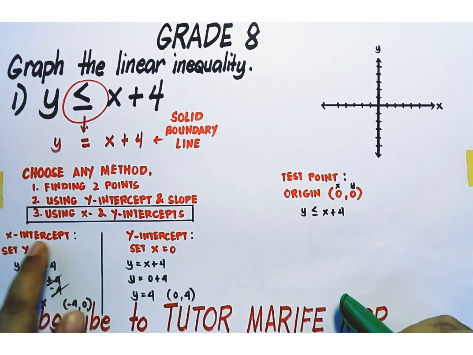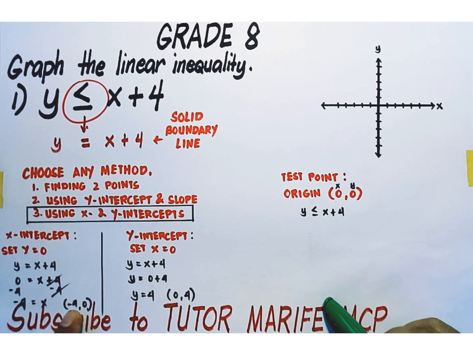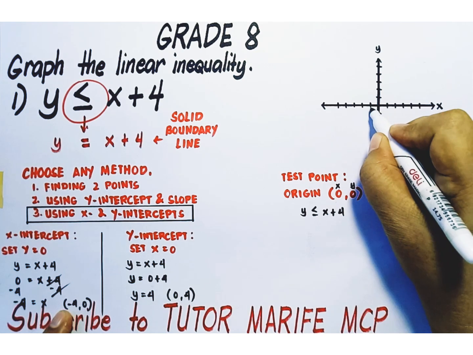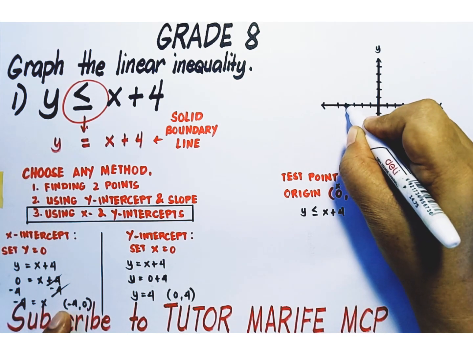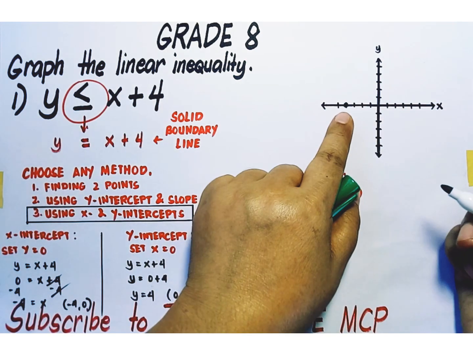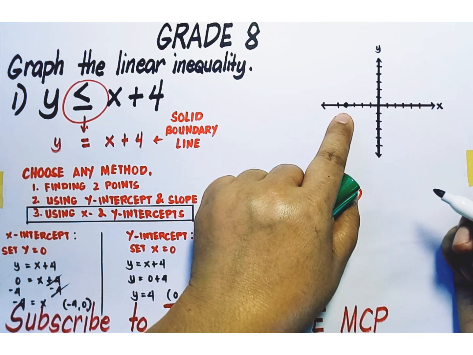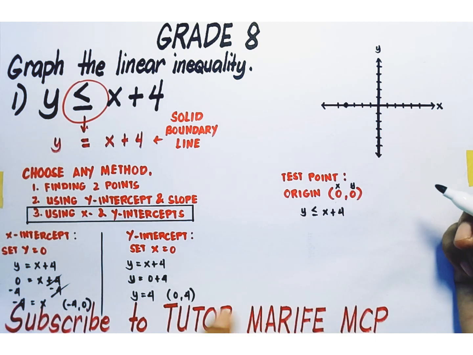Let's now plot the x and y-intercepts. We have our x-intercept at negative 4, 0. This is where the boundary line cuts the x-axis. Negative 1, negative 2, negative 3, negative 4. This is the x-intercept of the solid boundary line.